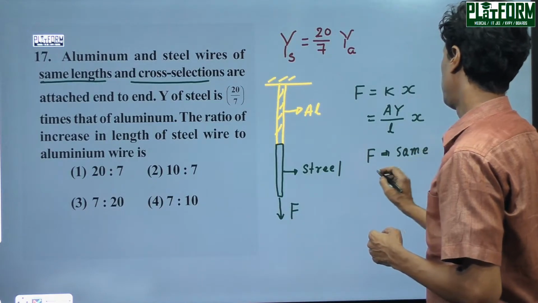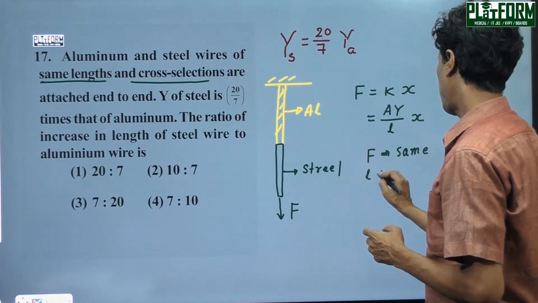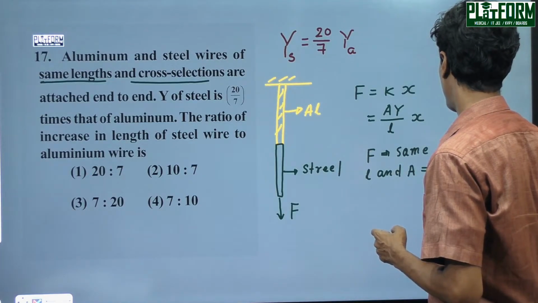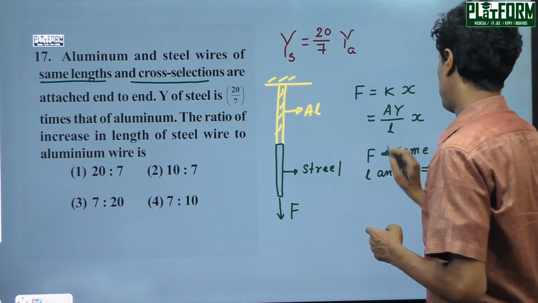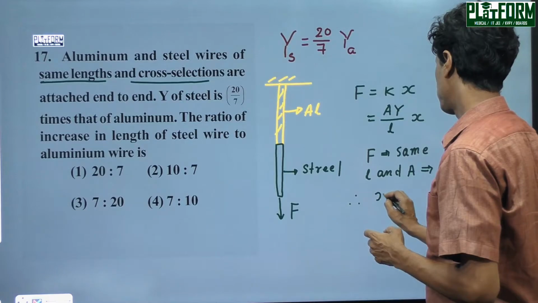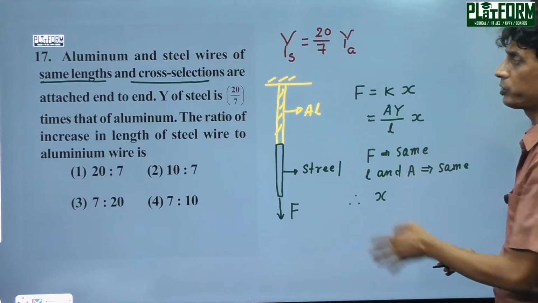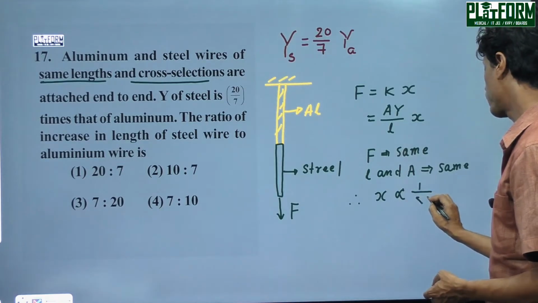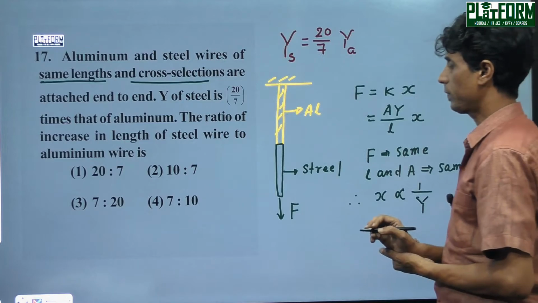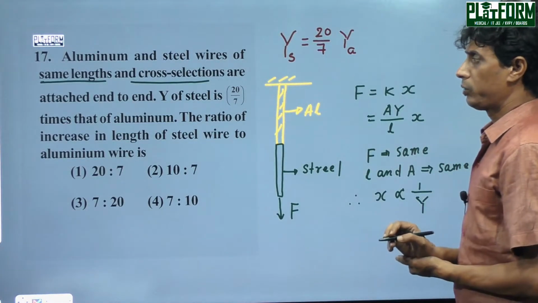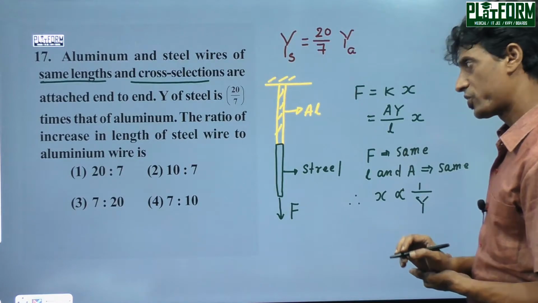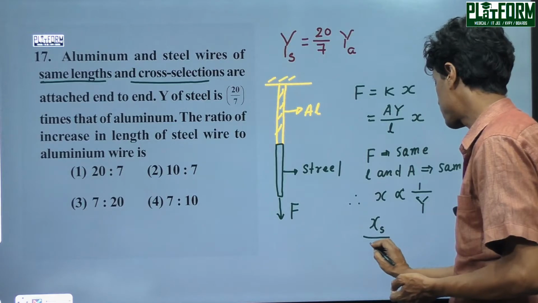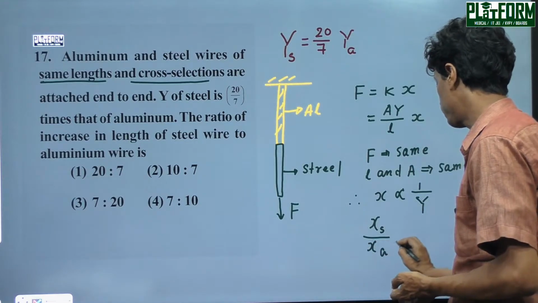And in the problem, L and A are given and are the same for both wires. Therefore, we can say the expansion of the individual wire is inversely proportional to the Young modulus of the material. We have to find the ratio of the expansion for steel and expansion for aluminium.